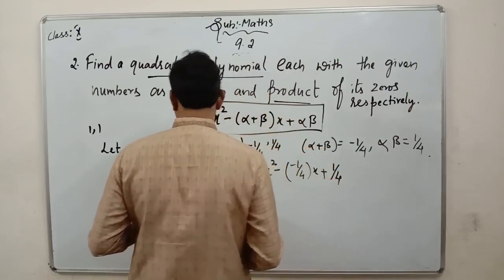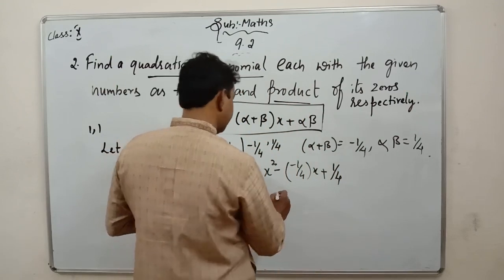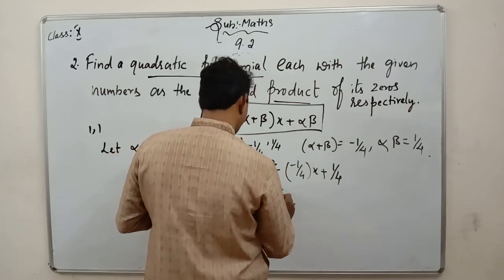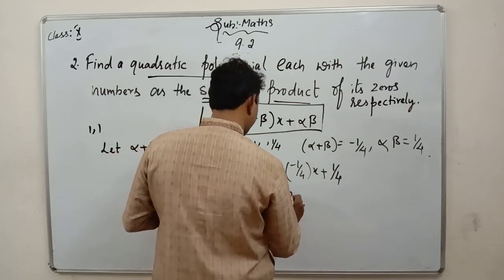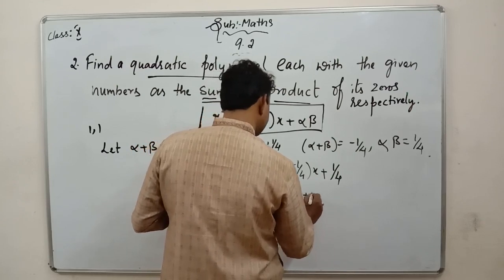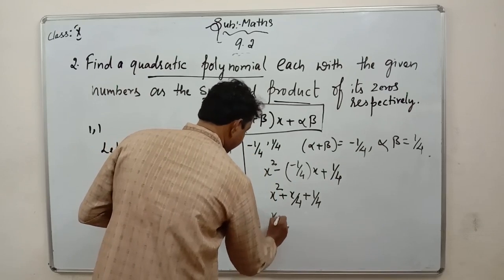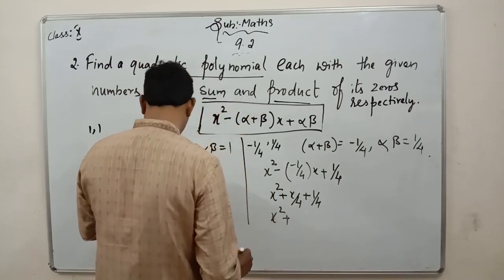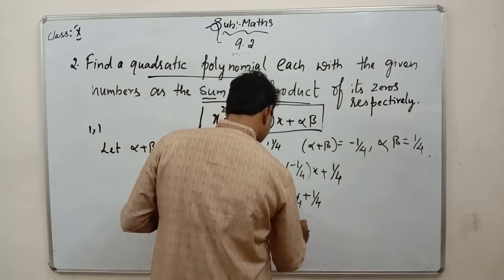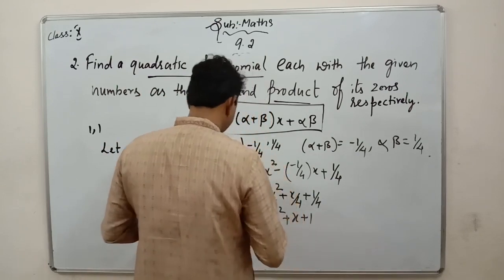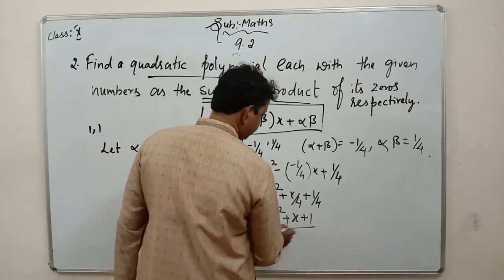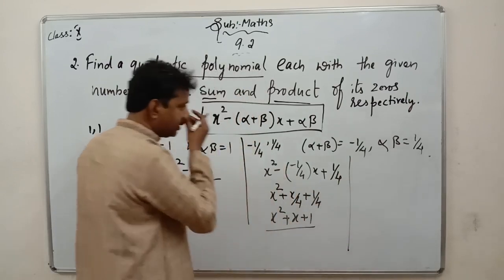The same problem which we did last, I think. So we'll get x square plus x by 4 plus 1 by 4. This can be written as x square plus x plus 1. So this is the answer for this one. You can copy it directly. Okay.